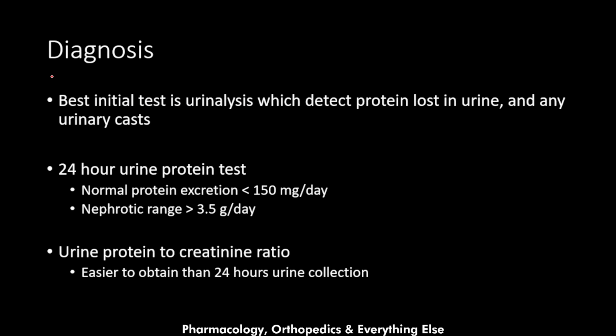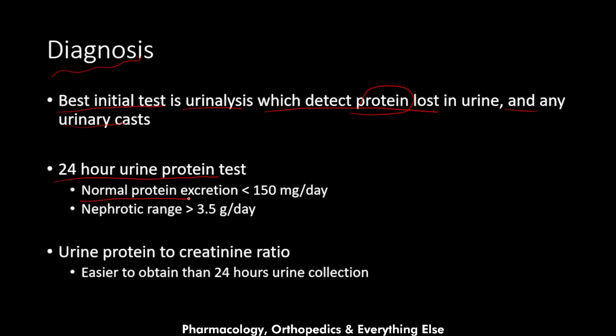Now let's talk about the diagnosis of nephrotic syndrome. So the best initial test to send for is the urine analysis, which detects the protein lost in urine and any urinary casts. So it is very helpful to detect the protein lost. After the urine analysis is positive, you send the patient for 24-hour urine protein tests.